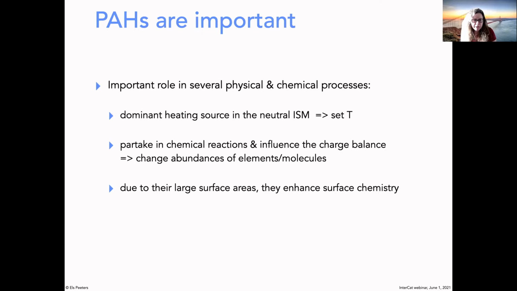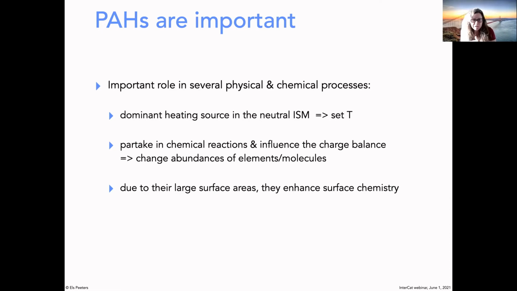And so we know that these small molecules are a dominant heating source in the neutral ISM. The neutral ISM is where hydrogen is in neutral form. And so they set the temperature in these regions. They partake in chemical reactions and influence the charge balance. And so they influence the abundances of elements and molecules.